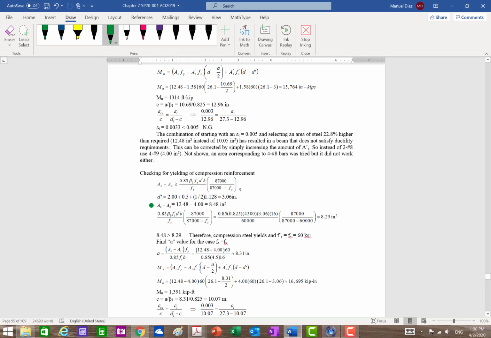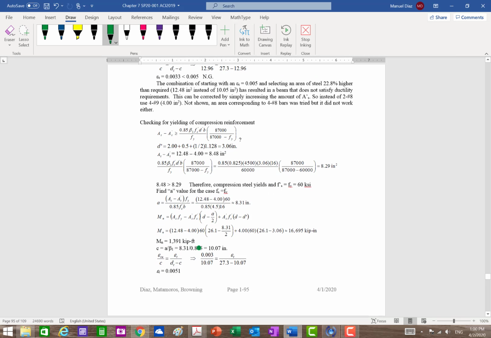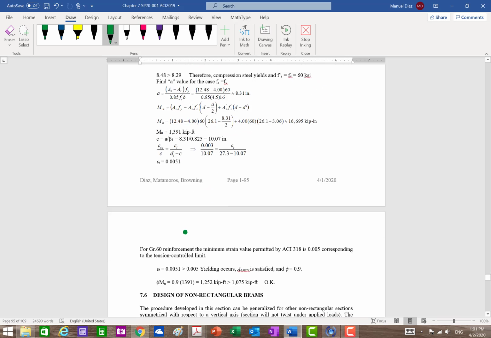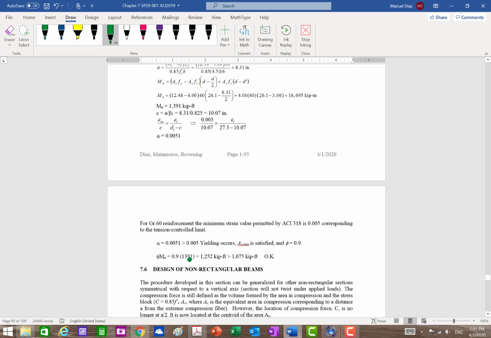So I do that now, checked. Compression steel yields, so it's good. We use the same formula, check my capacity, check my ductility, and I barely made it, but hey, it's past the 0.05. So now it's good, phi factor, and I got enough strength to carry my load.